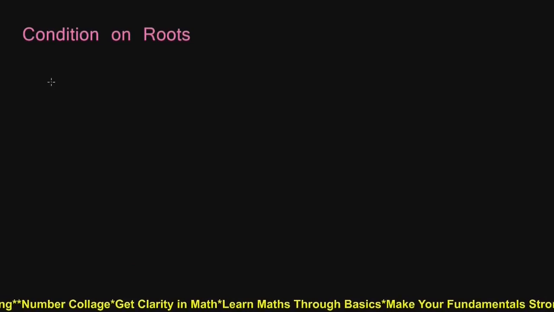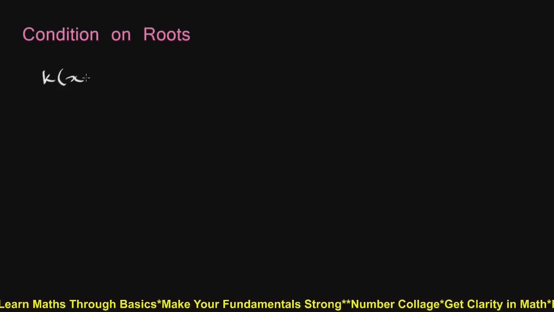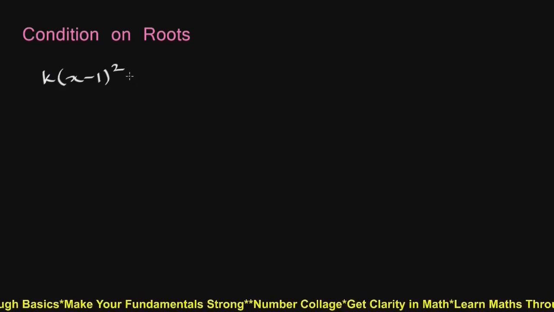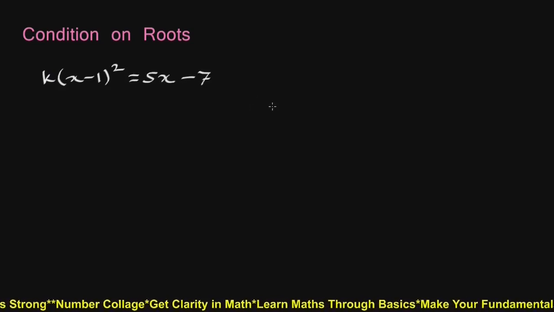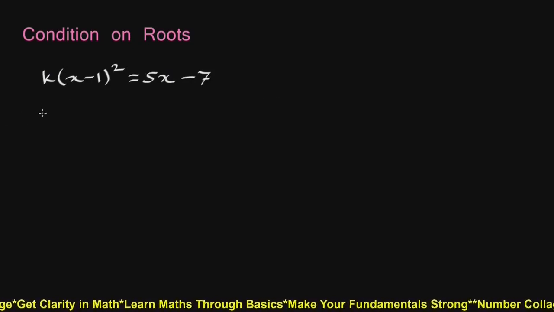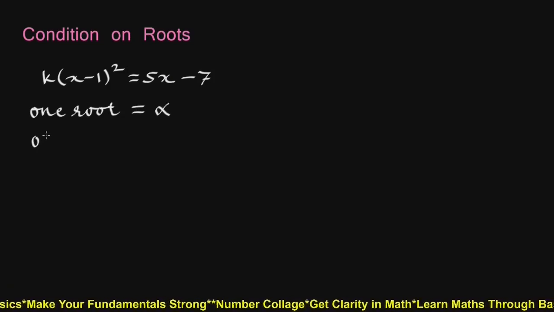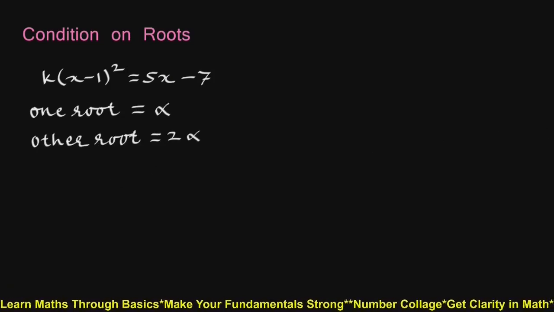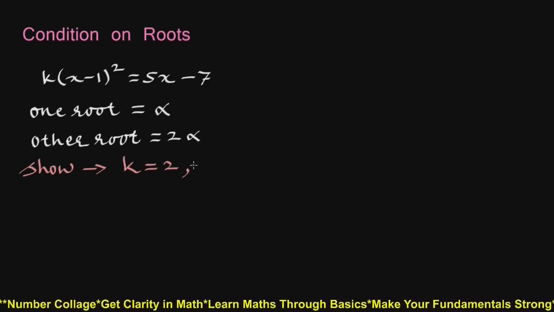If one root of the quadratic polynomial k into (x minus 1) whole square equals 5x minus 7 is double the other root, that means if one root is alpha, the other root will be 2 alpha, and we have to show that k is 2 or minus 25.